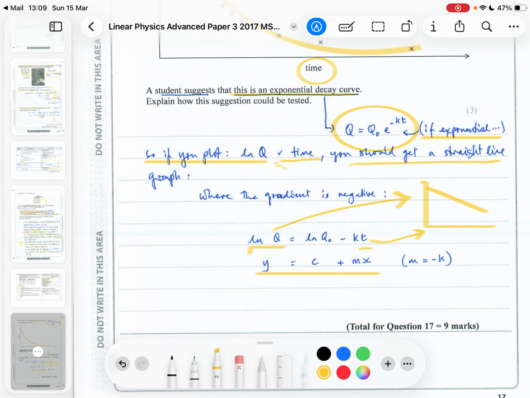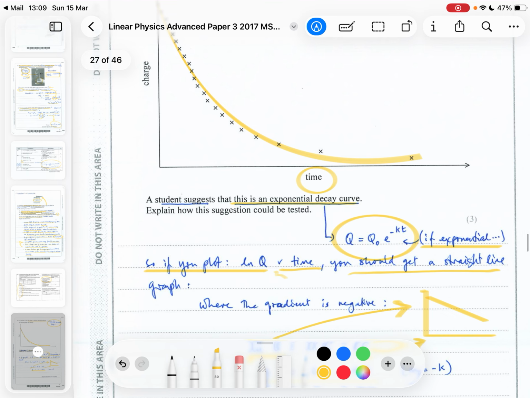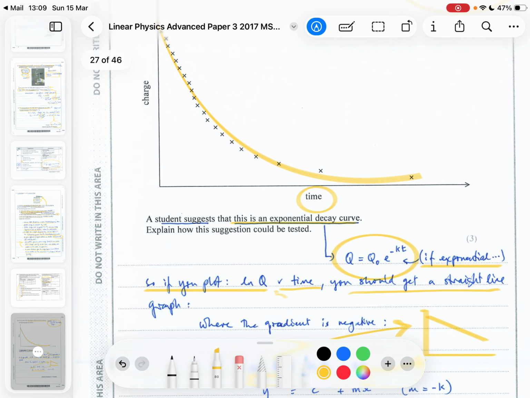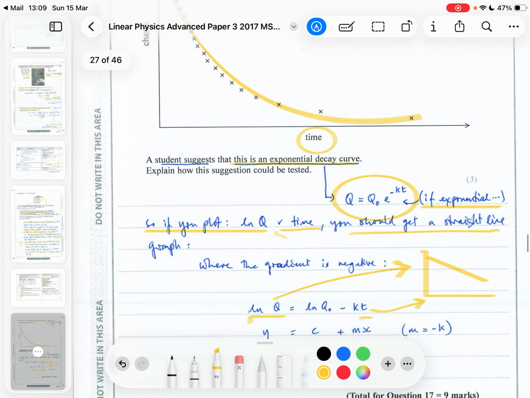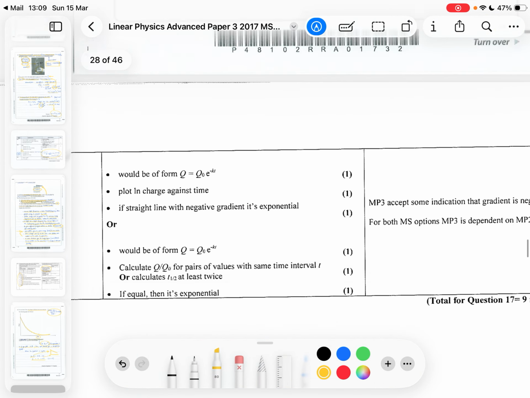Or you could take values from this and see if it's like halves every so often. That would also be like the GCSE method. So you take the initial charge and see when it goes down to half, then see when it goes down to quarter, and see if you can show that it is obeying the old half-life rule. Okay, that's question 17.